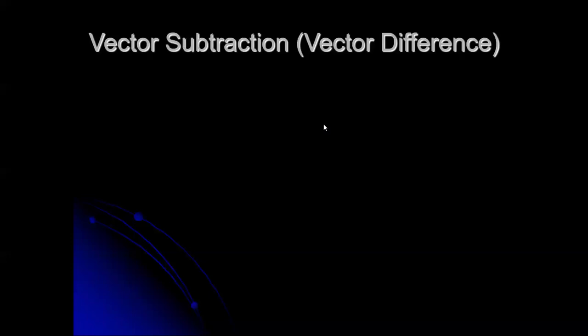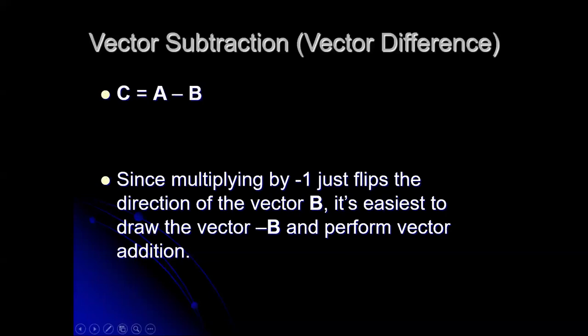So let's see how that works. Let's say we've got a minus b. Multiplying by -1 just flips the direction of b. So when we redraw it, we flip the direction of b. That'd be -b. And then we just do vector addition. We treat it as a different vector. So let's see how that works.